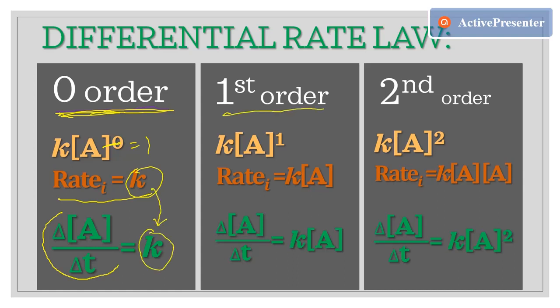Now in the first order, we have the rate, the initial rate, is going to be equal to K times the concentration of A. Here's our general rate law, the change in the concentration of A over the change in time. And so we can just bring this right down here and have that equal the rate constant times the concentration of A. I hope you're following this.